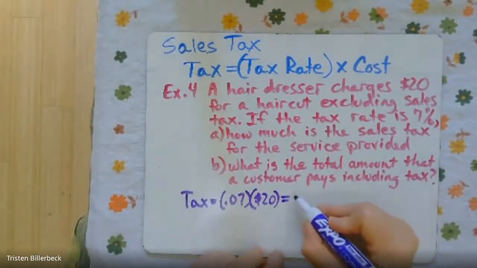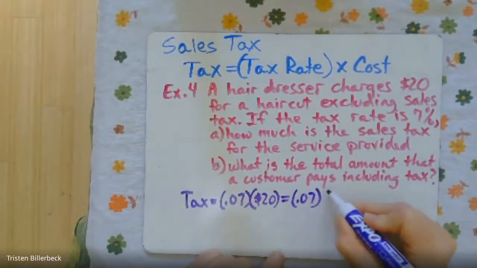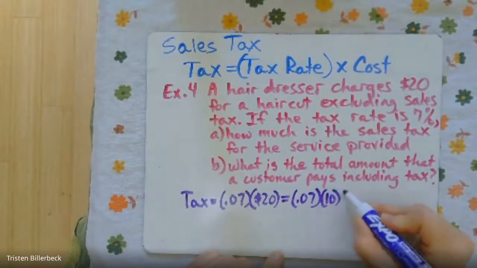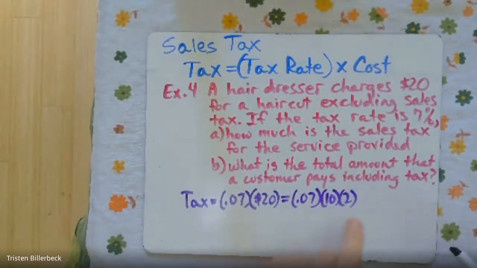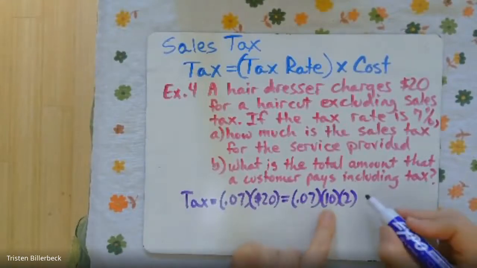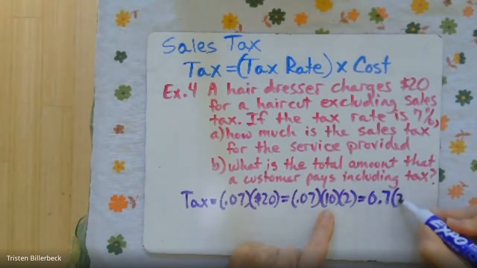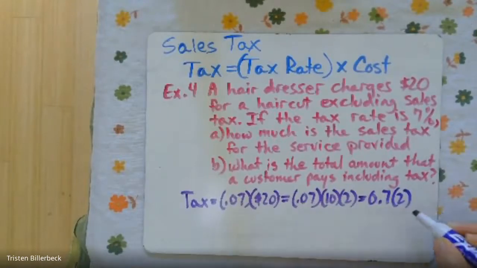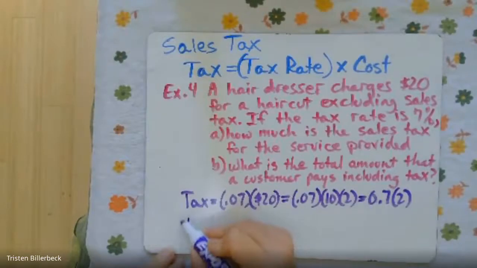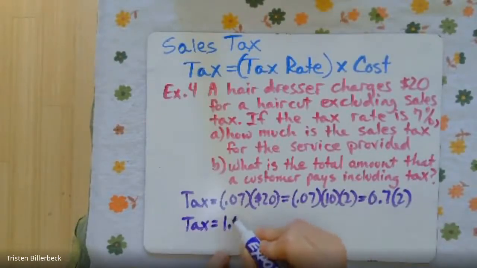Well, $20 is really 10 times 2, right? So now we know this times 10 makes that 0.7 times 2. Well, we know what 2 times 7 is. So the tax is going to be $1.40.